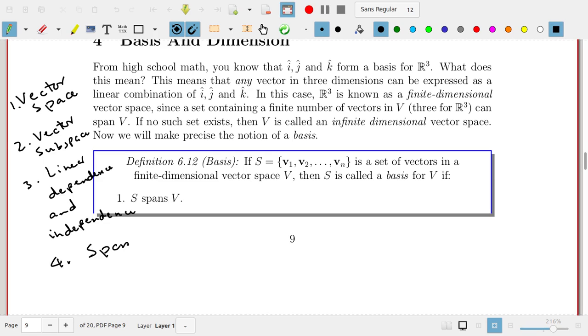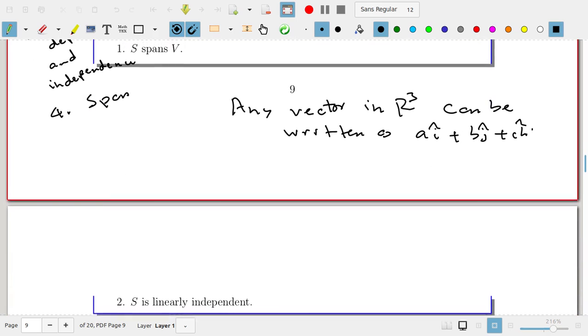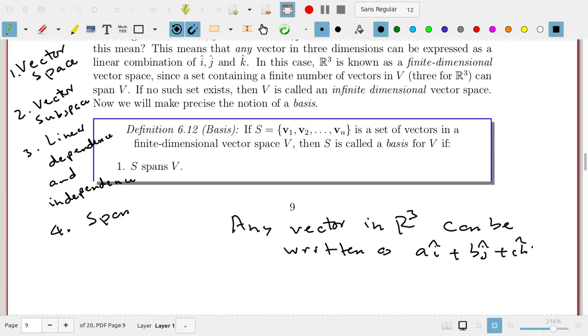So if you recall from the math that you've already learned in high school and in previous courses, any vector in R3 can be written as ai plus bj plus ck, where a, b, and c are real numbers, right?